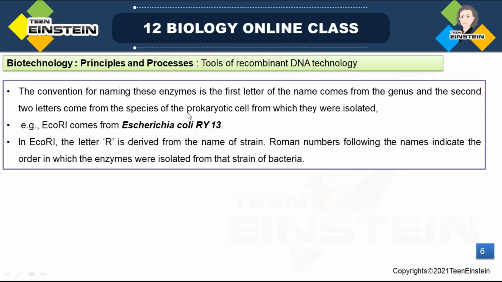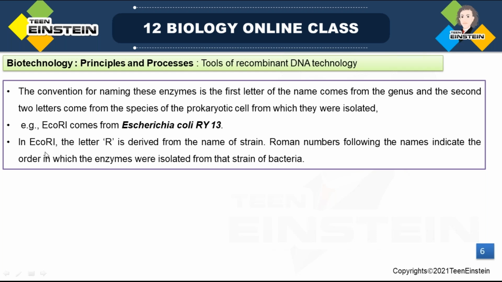From this strain, they might have isolated many enzymes. If it is the first isolated enzyme, they name it EcoRI. If it is the second isolated one, they give EcoRII, with Roman numeral 2. That is the second isolated enzyme, like that.